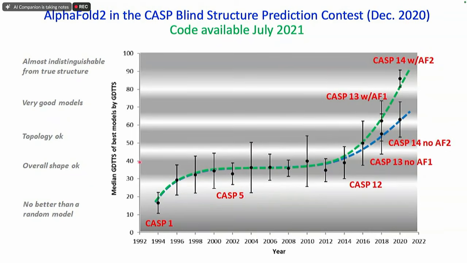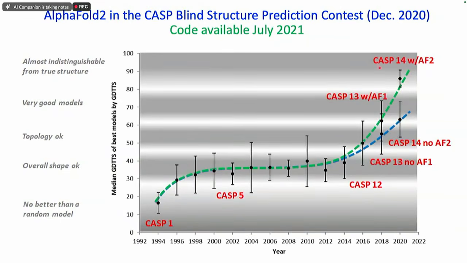And you could see that in those very early years, it was 10% down here. For a decade, it was sort of hovering around 30%. You really couldn't do very much. It started to go up, and the blue curve is without AlphaFold, without the contribution from the company called DeepMind. And it was heading towards maybe 60%. So some of the structures were right, some of the structures were wrong, maybe some of the structures were partial.